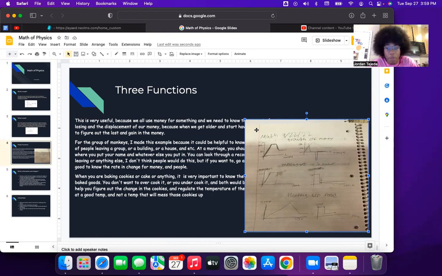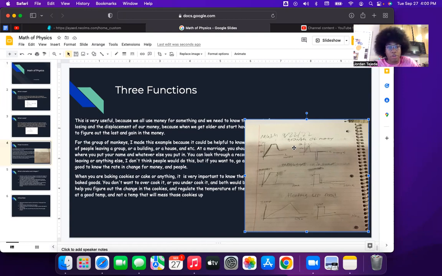The second one I did is a group of monkeys. Now, I did not think about people counting monkeys, but I generally thought about people who struggle with, let's say you're having a party, a marriage, a funeral, and after all that, you want to count how many people were there and how many people were left.